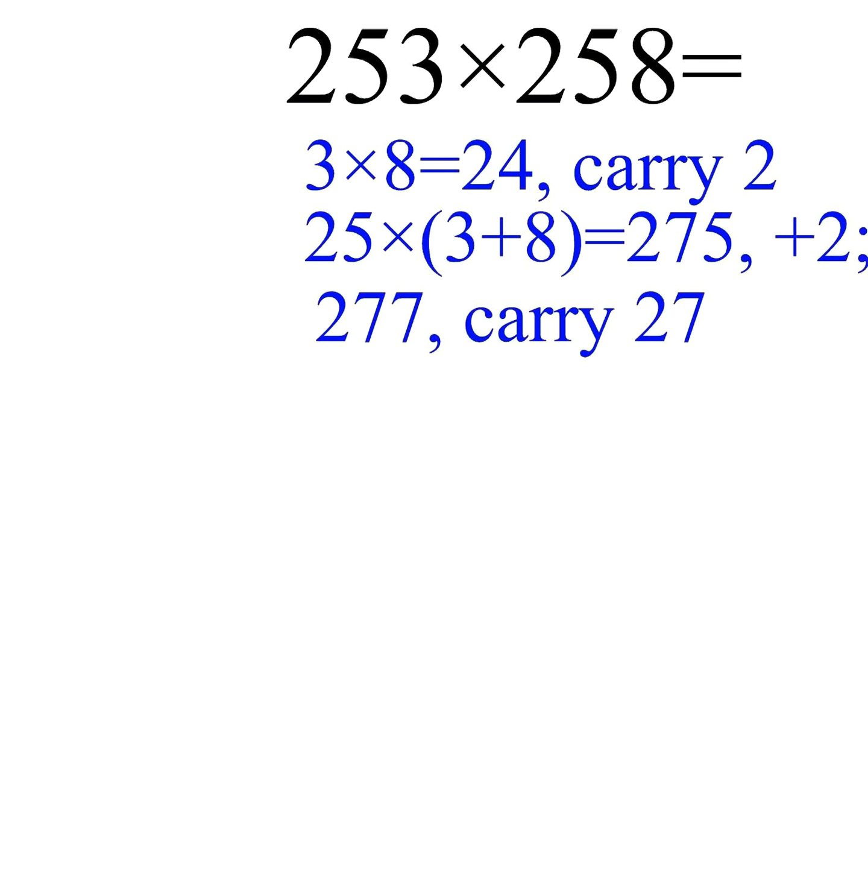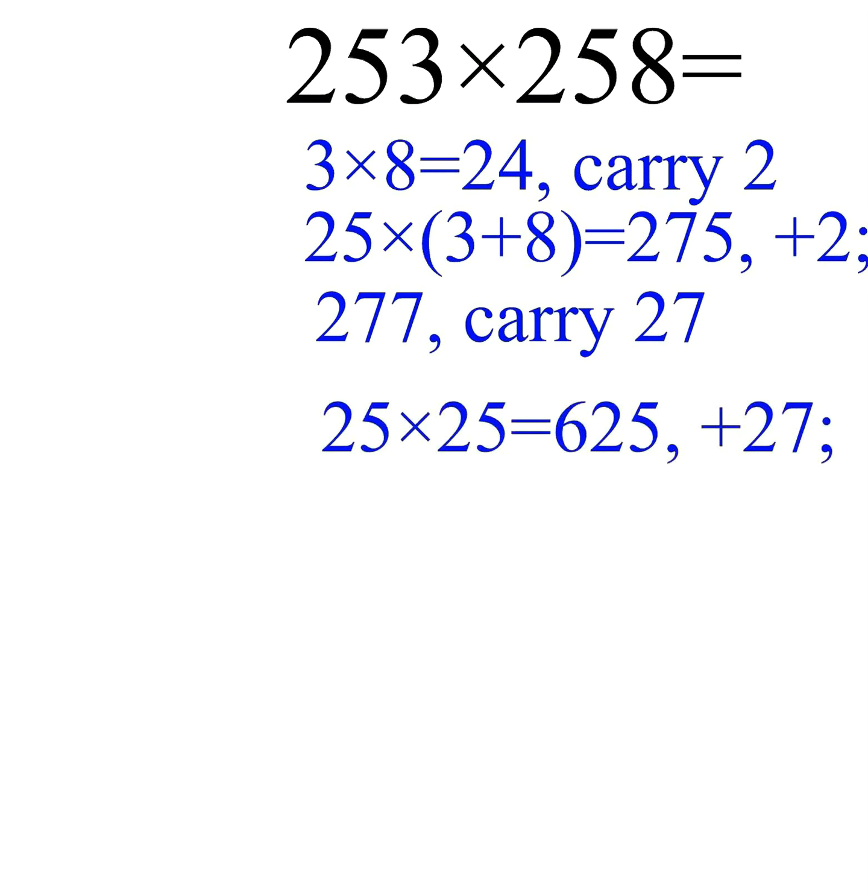That would be 6, plus 27 we carried in the previous step. That would be 652. And now we add first the ones place of the second step, which is 7, and then the ones place of the first step, which is 4. And this is our answer.